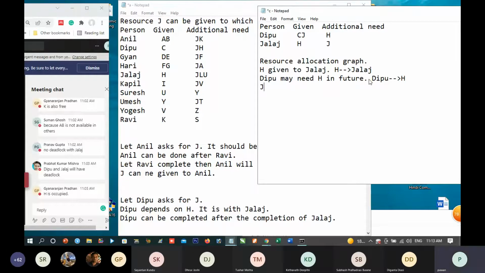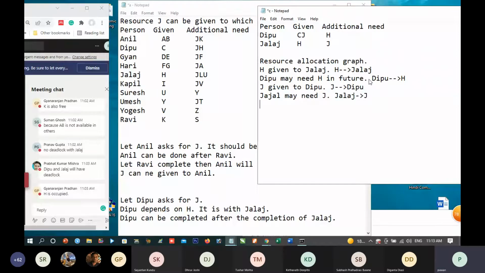J is given to Deepu. It means from J to Deepu there is an edge. Jalaj may need J. It means that from Jalaj to J there is an edge.